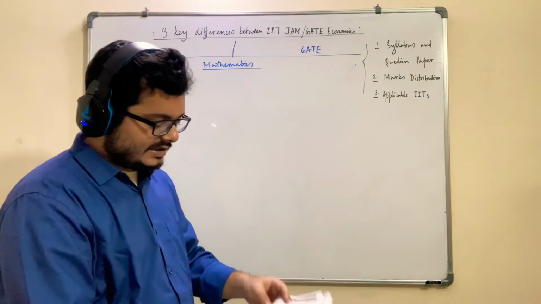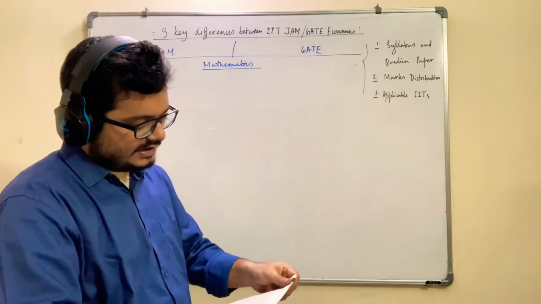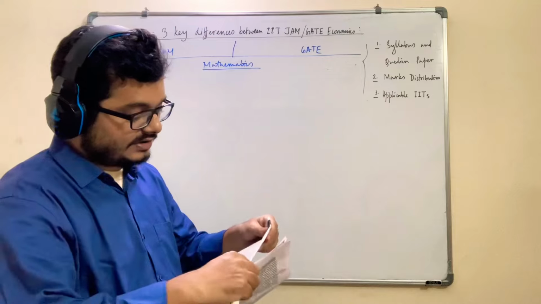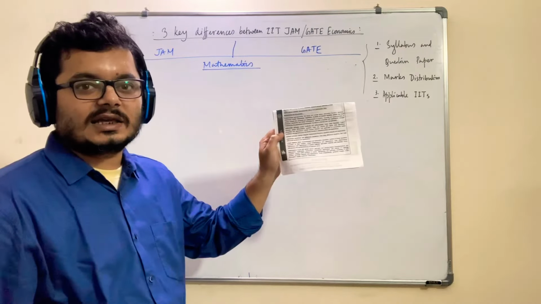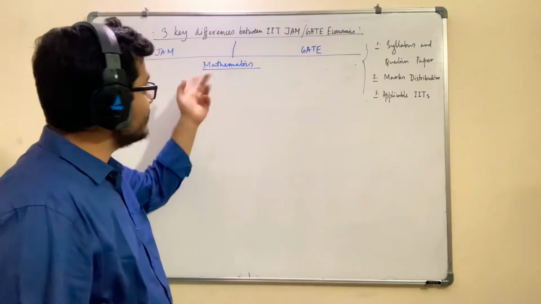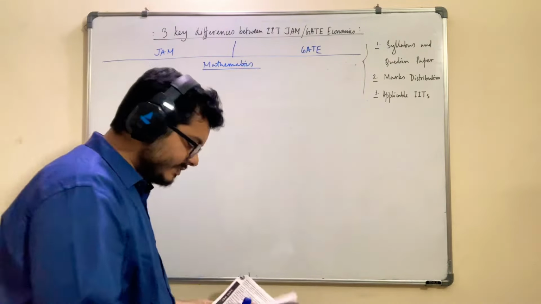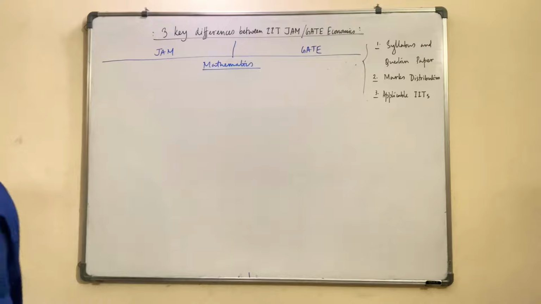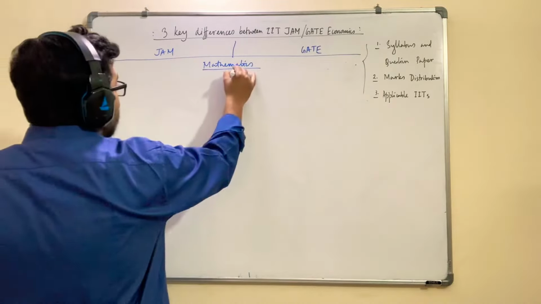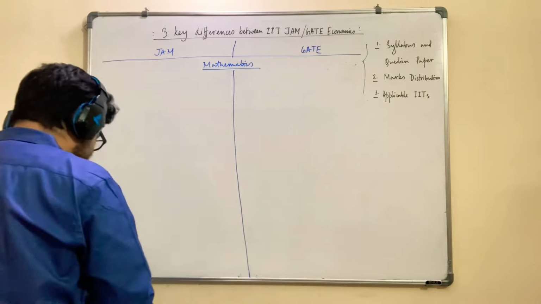And if you look at the JAM syllabus, then this is the syllabus of mathematics. Okay. So it is huge. And that says a lot of the important messages of how these 2 exams are different and how you should prepare. Anyways, but we will make that list so that it becomes clear.